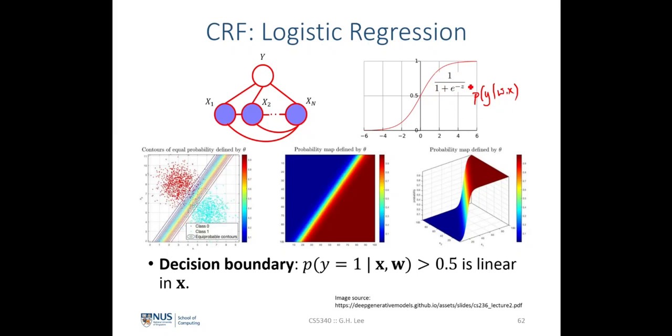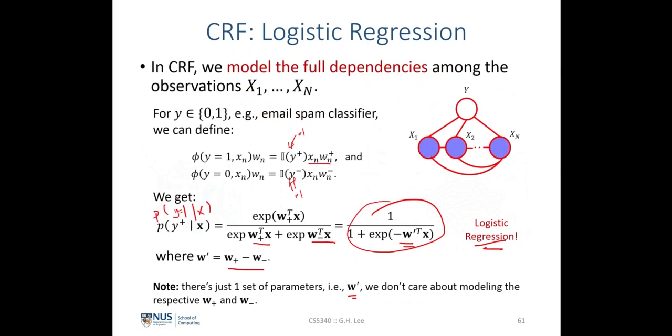This is the sigmoid curve that we have learned, and z here, as we have seen, is a function of w and x. It's a function of the parameters that we have learned as well as the observed random variable.